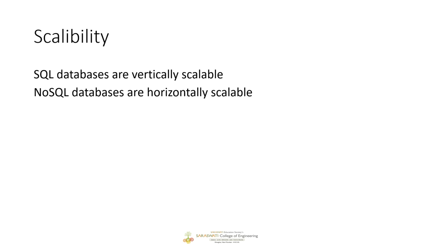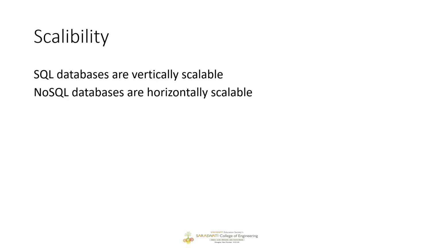Scalability. SQL databases are vertically scalable. What do we mean by that? If you have an SQL database and you want to store more data, we add hard disk and increase the memory of the SQL database. While NoSQL databases are horizontally scalable.